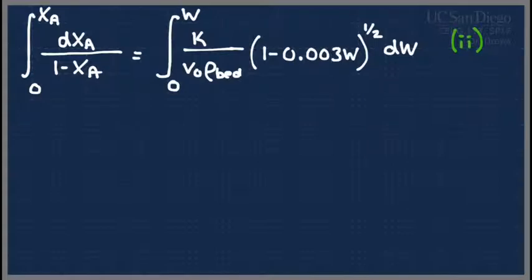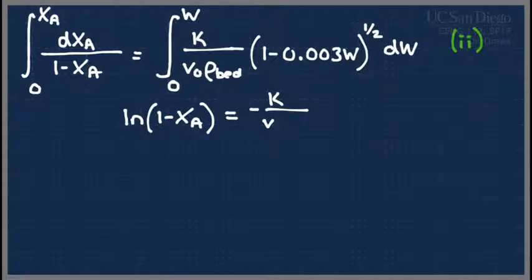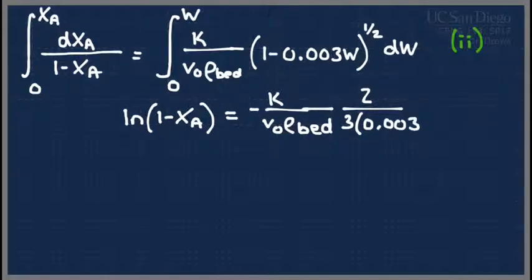If you solve something like this, you get a similar looking expression. I'm not going to write it in quite the same closed form. You can practice all of your algebra and your calculus on this. V naught rho bed times a slightly uglier expression here, 2/3 times 0.003.